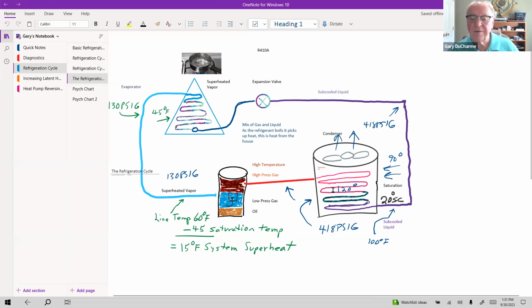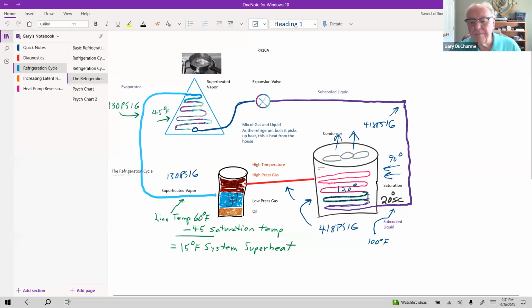As it comes down into the middle and the three-quarters of the condenser, you can see it starts to change, and I made some different colors here. It's starting to condense into liquid. It's still at saturation here, 120, but as it goes further down, it turns into complete liquid.